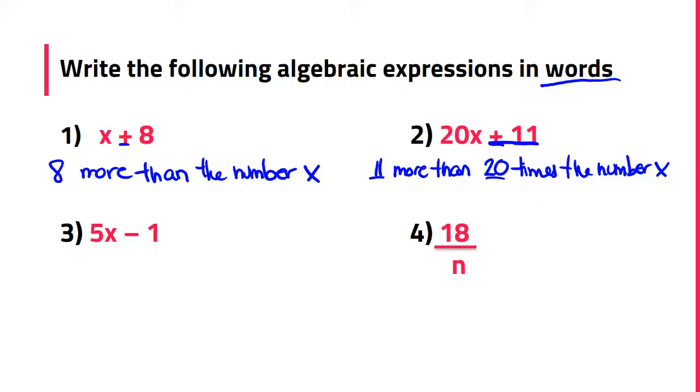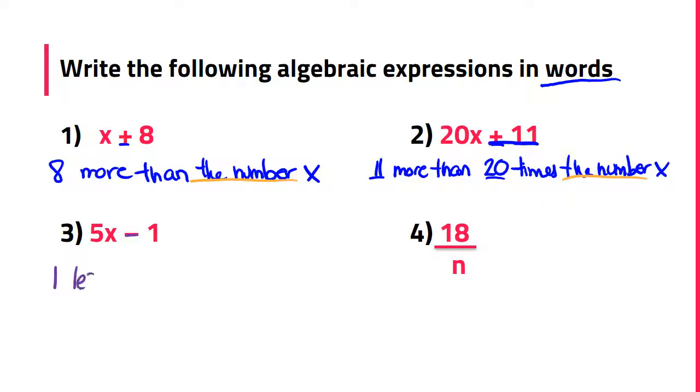So you're going to see this phrase, the number, in all of these because they all have a variable. Let's take a look at example 3. This time I'm subtracting. So subtracting uses what keyword in our previous examples? Less than.